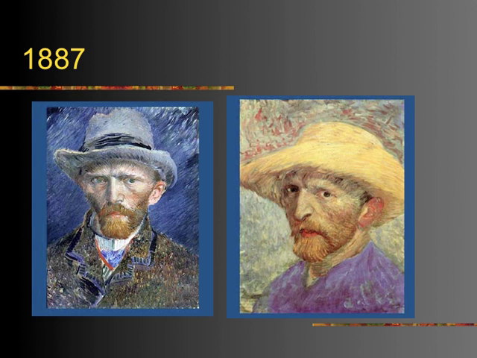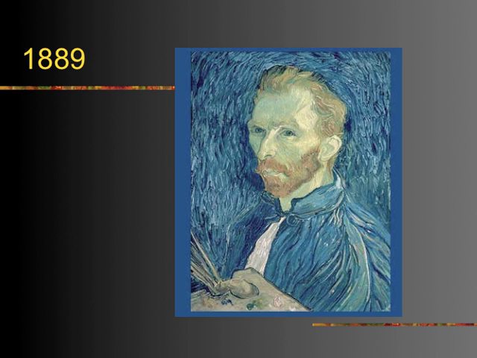This was during a period when he was actually very happy. He was living in the south of France in an area called Provence, and he's wearing a sun hat, and he tried to paint using golden yellows and to capture the energy and the warmth of the sun in his paintings from this period.